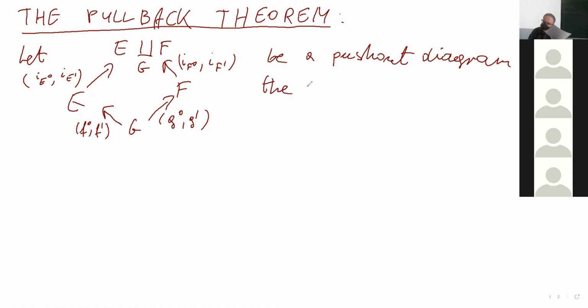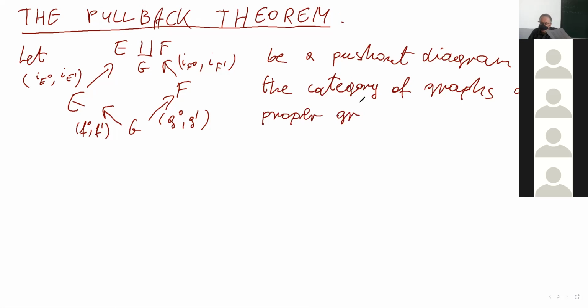in the category of graphs, of course, and here is an important assumption, and proper graph homomorphisms. So all these maps indicated here are finite to 1.